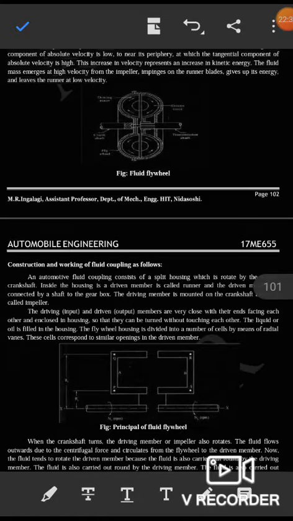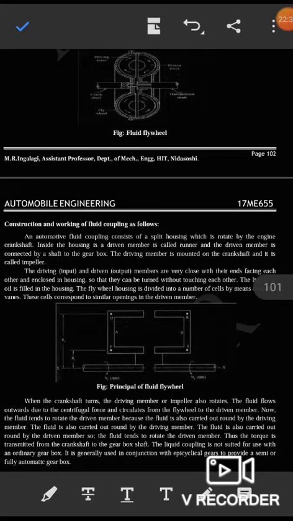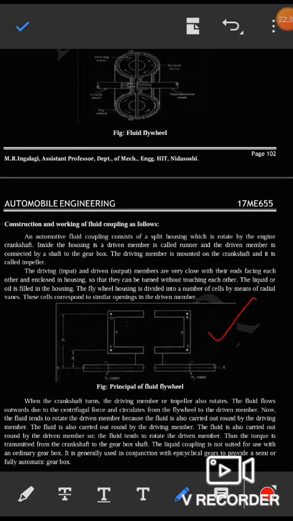Now construction and working of the fluid coupling are as follows. This is the diagram for the principle of the fluid flywheel. Now, how it works and how it is constructed, I will explain now.